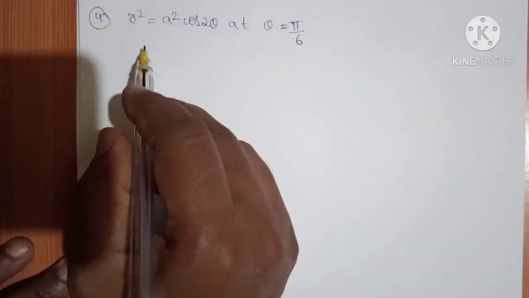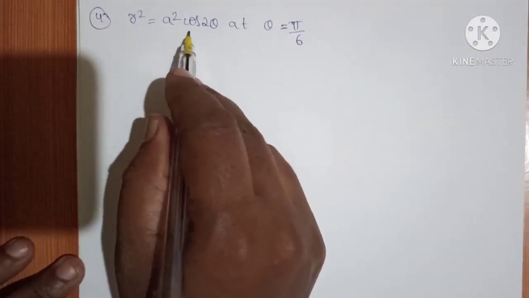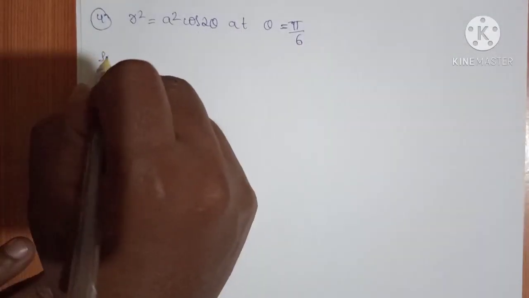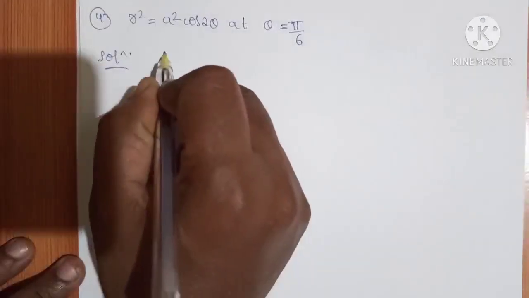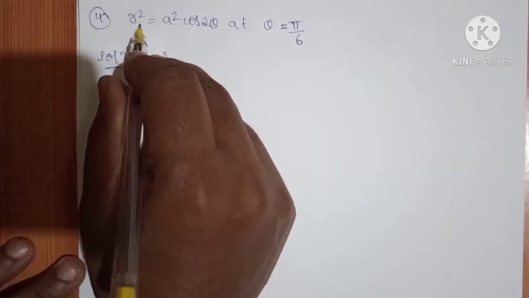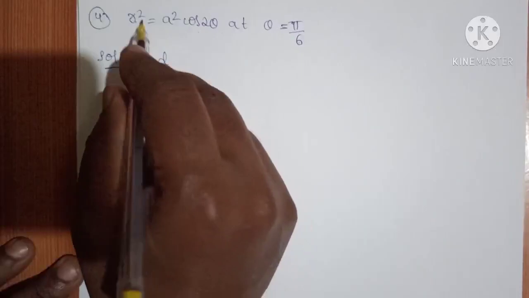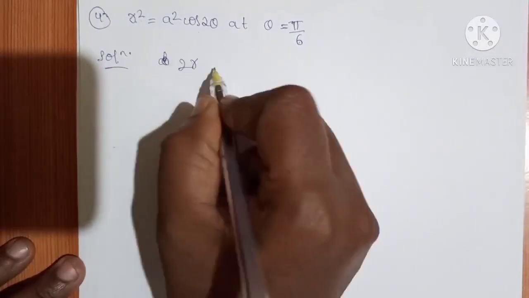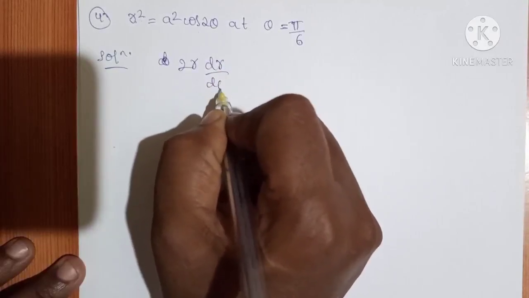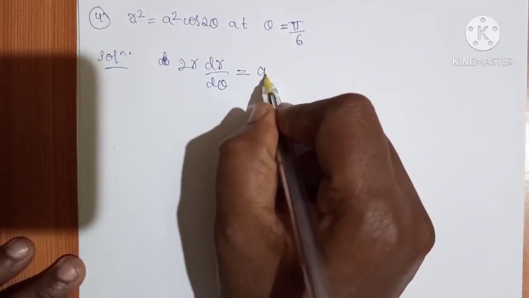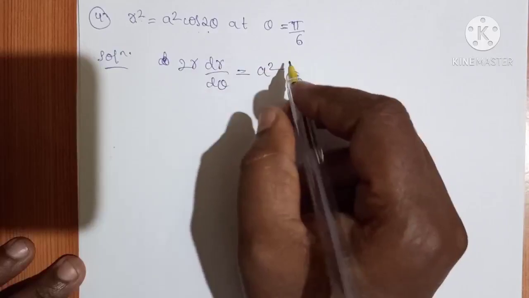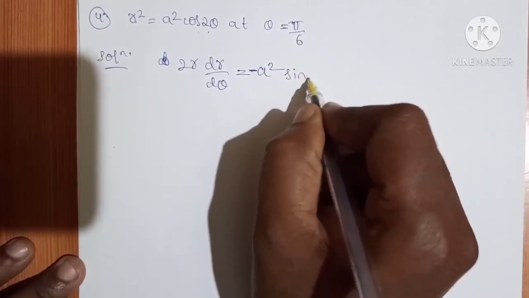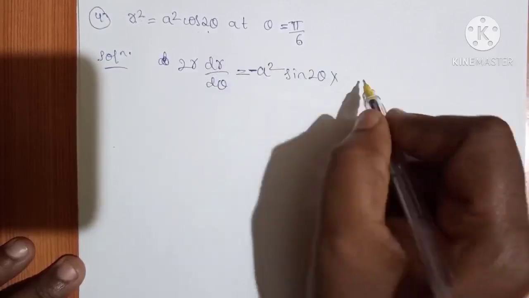Next problem, r square equals a square cos 2 theta at theta equals pi by 6. Solution: first differentiating this curve, we get the differentiation of r square is 2r into dr by d theta, plus a square is constant, and the differentiation of cos 2 theta is minus sin 2 theta into the differentiation of 2 theta, which is 2.